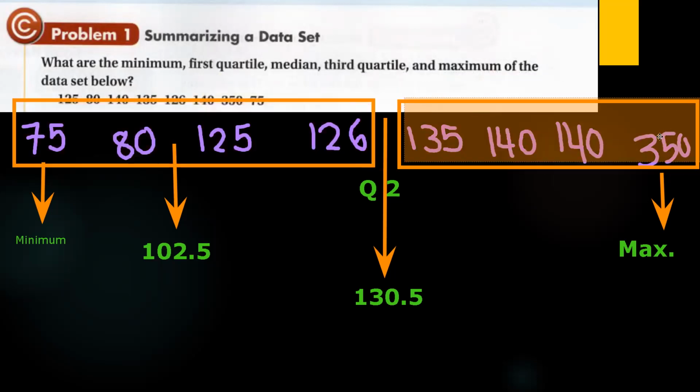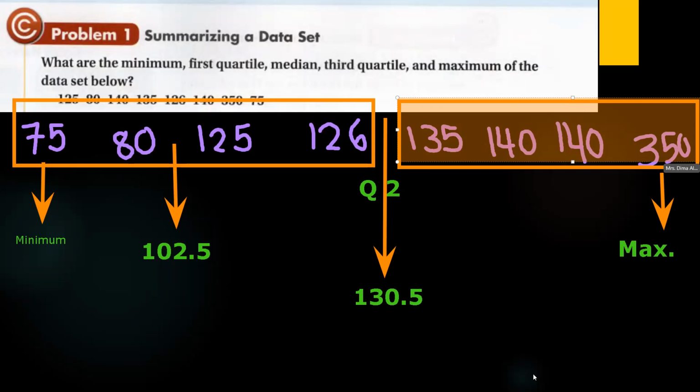The same we have to do in the second part. In the second part, we have 135, 140, 140, and 350. Which number is in the middle? 140, miss. It will be 140 plus 140 over 2. Yes, exactly. We have two numbers, I cannot take one of them.